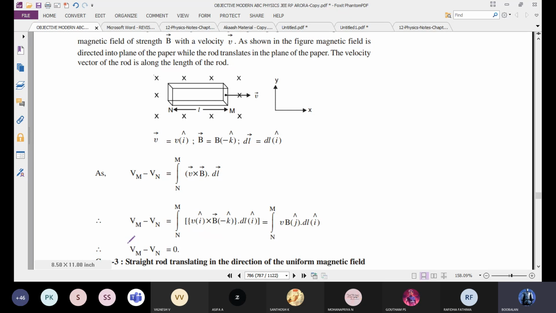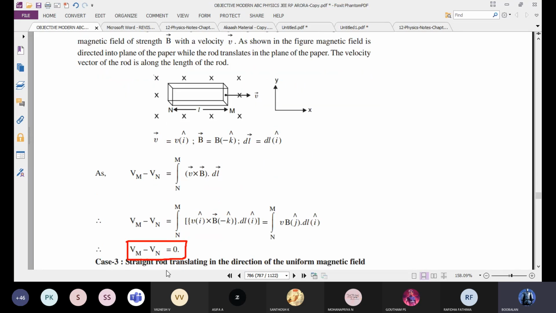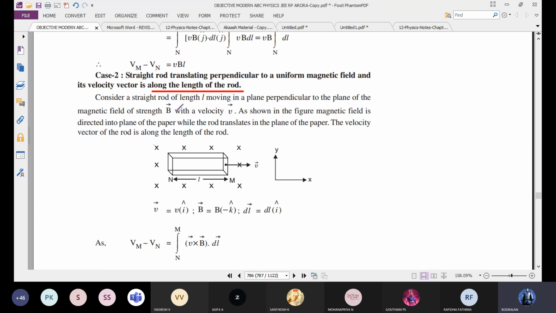The potential difference is equal to 0. So along the length of the rod, the potential difference is 0. Perpendicular means you will get VBL.